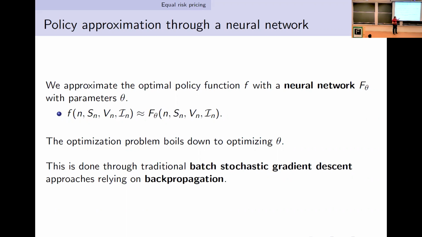We'll assume that this function will be well approximated with a neural network, a parametric function of theta, theta being all the weights and biases within the neural network. So now the optimization problem boils down to optimizing the weights of the neural network instead of finding a general function of all the variables characterizing market information.